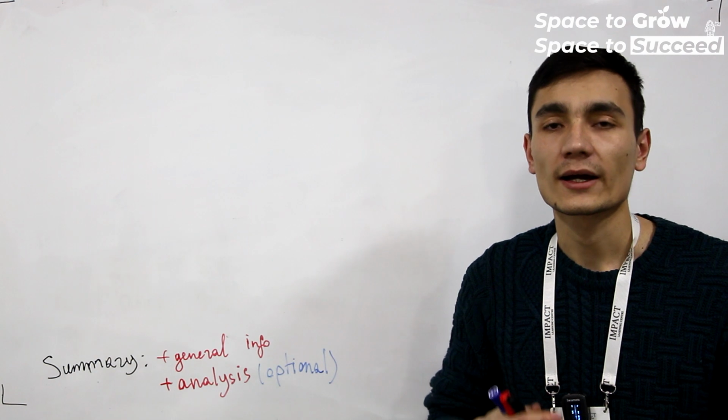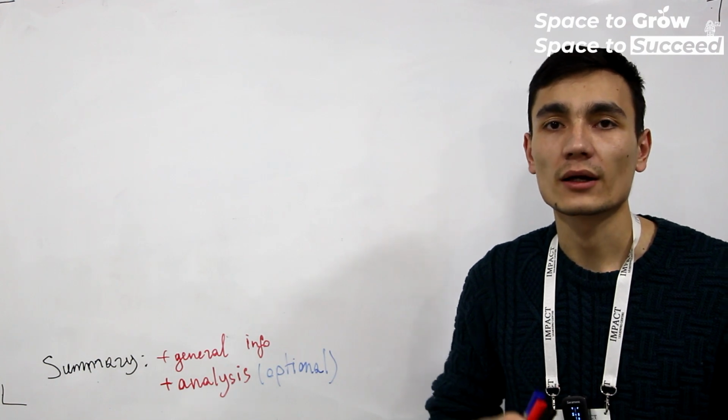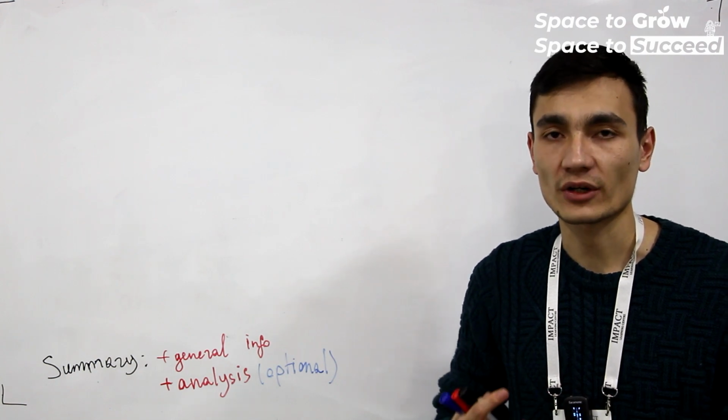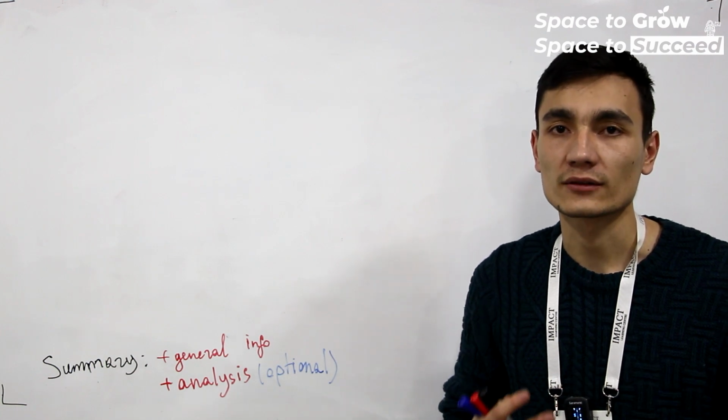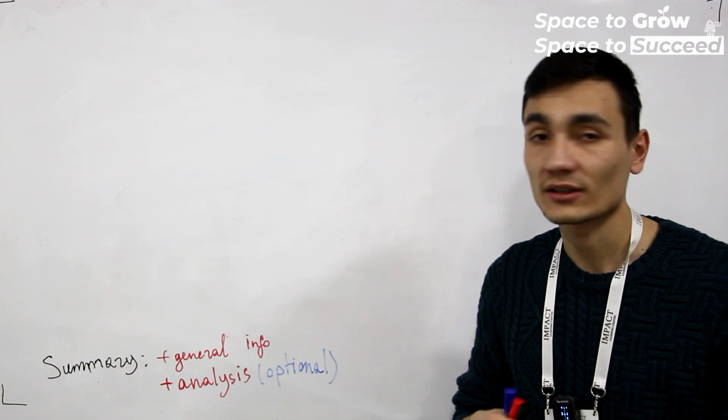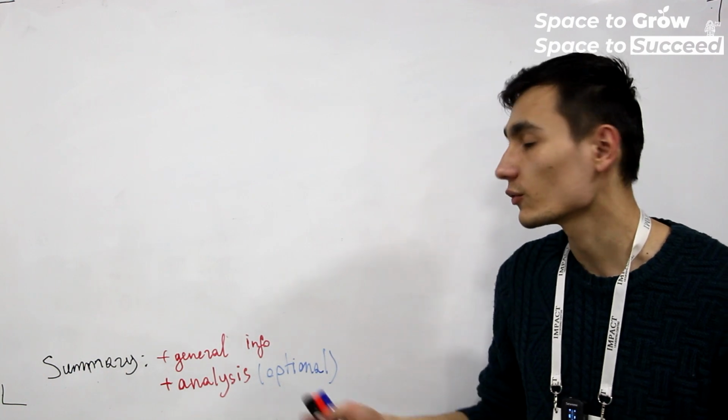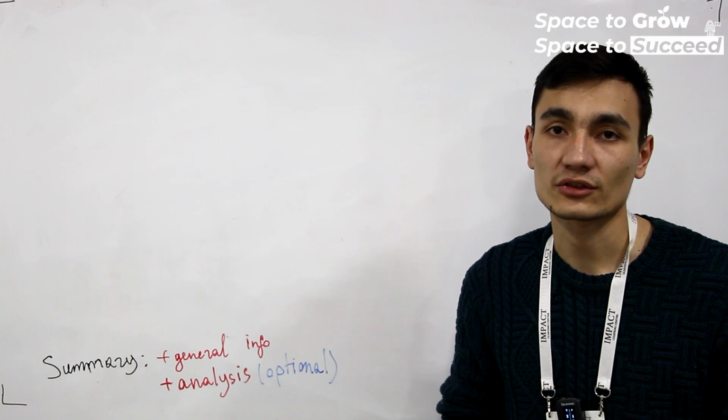They also want analysis, some sort of creative work from your side, so that they can see that you put effort into this work, and so that they will give you a higher task achievement score. So if you give analysis, you're going to get a higher task achievement score.